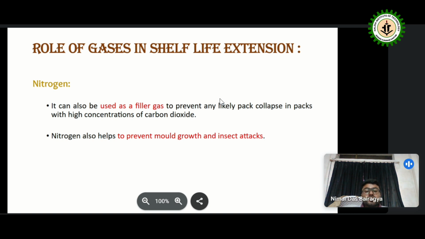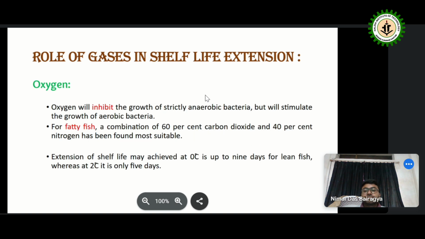Nitrogen also helps to prevent mold growth and insect attack in the packaged product. So nitrogen is used, more than oxygen, to reduce mold growth and insect attack, to extend the shelf life in modified atmosphere packaging.